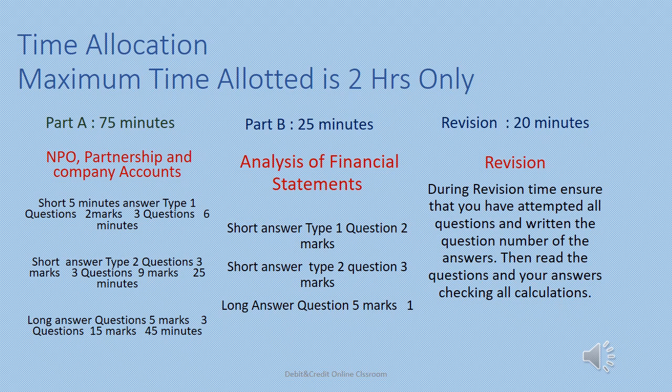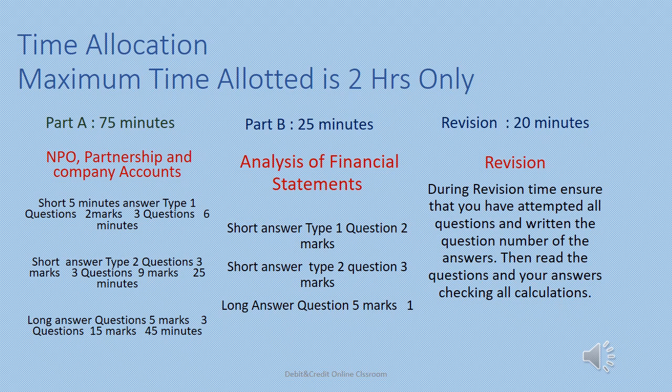Now let us discuss how we can allot time for each question. The maximum time allotted for the question paper as a whole is 2 hours only. We have 2 sections in the question paper, part A and part B. We'll get questions from not-for-profit organizations, partnership and company accounts in part A, and in part B, the questions are from analysis of financial statements.